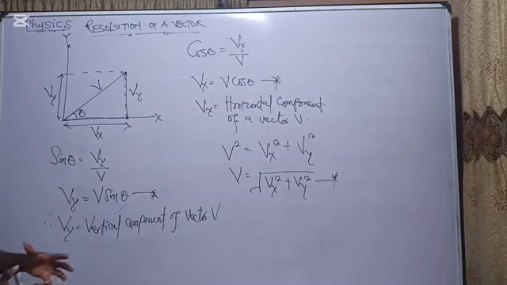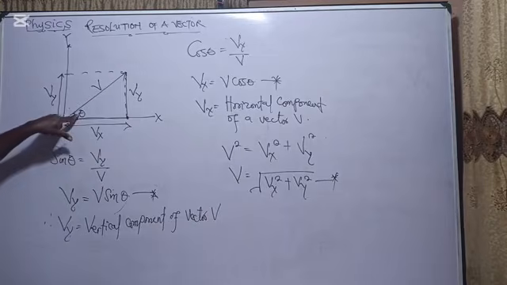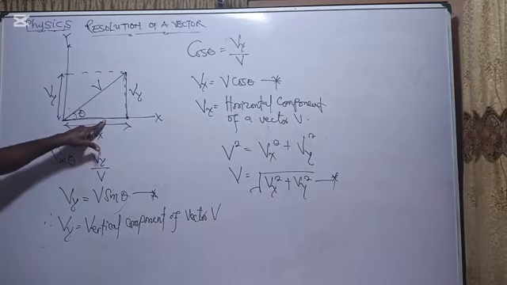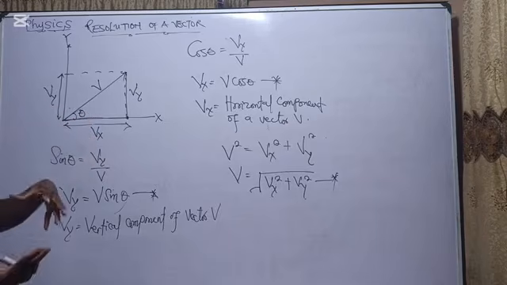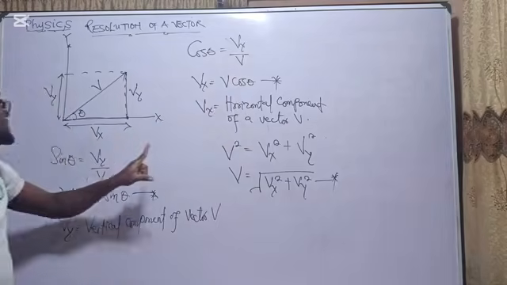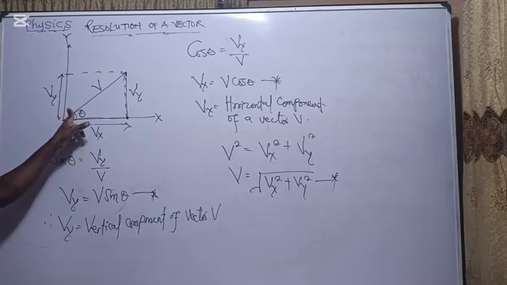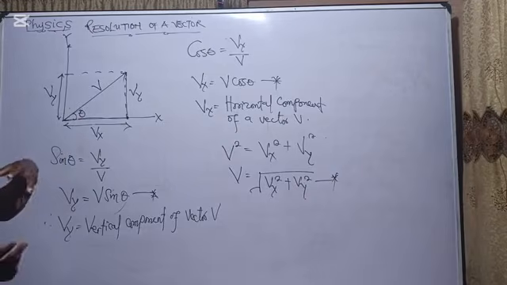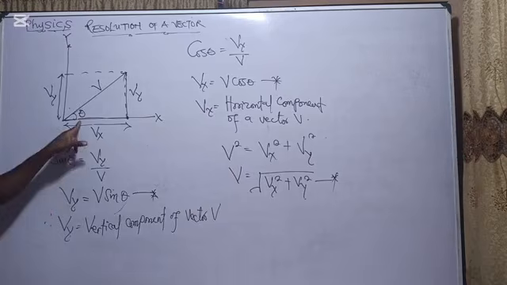So in a short note, we can just say whenever you are resolving a vector to the horizontal and the angle is found in between, then you are taking the cosine of the angle. Hence, we have V cos theta. But if the angle is at the adjacent side, that is when the angle is not in between, then it becomes sine.